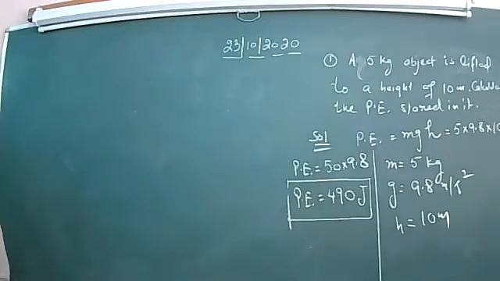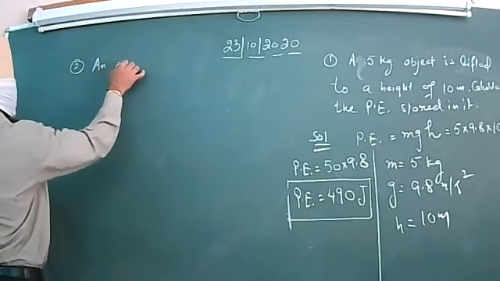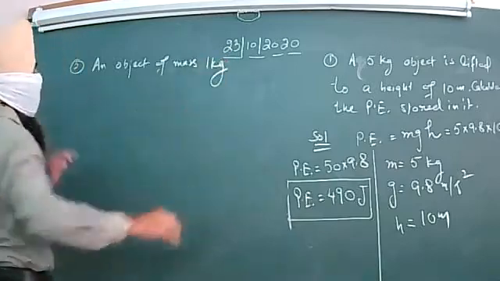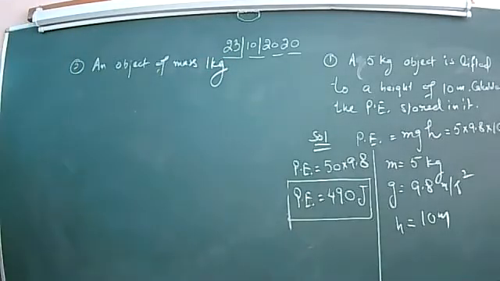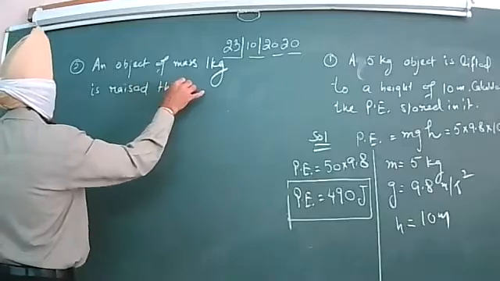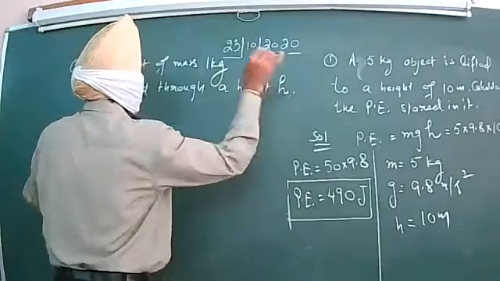The numerical says that an object of mass 1 kilogram is raised through a height h.